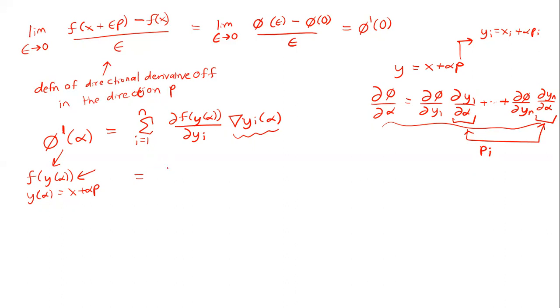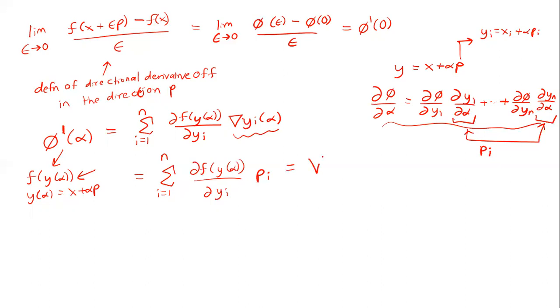And so what I'm going to end up with here from my chain rule is that it's going to be the sum from i equals 1 to n of df of y of alpha over dyi times the corresponding pi, which we can see in this expression over here.